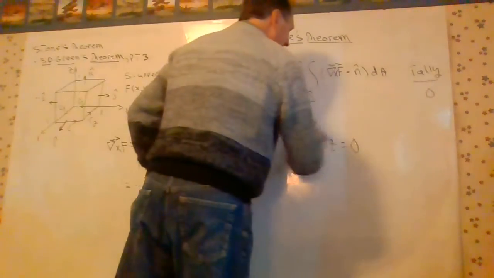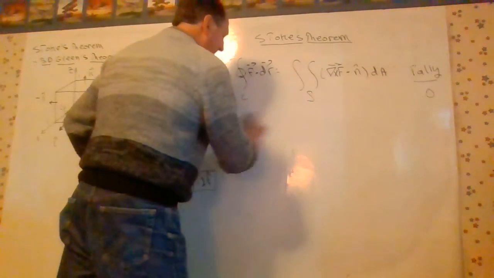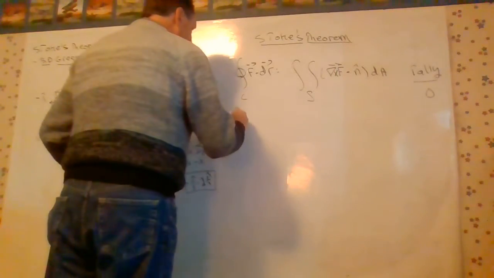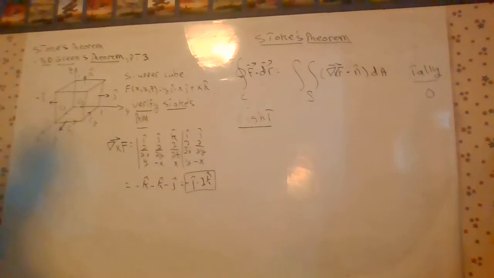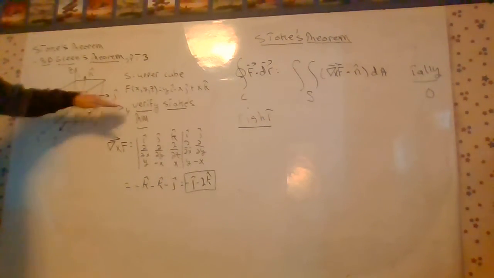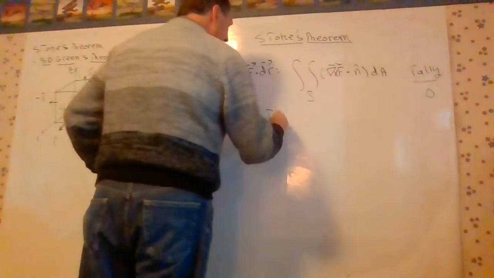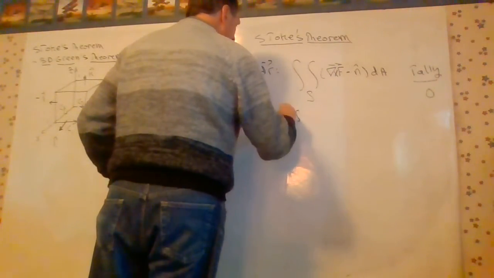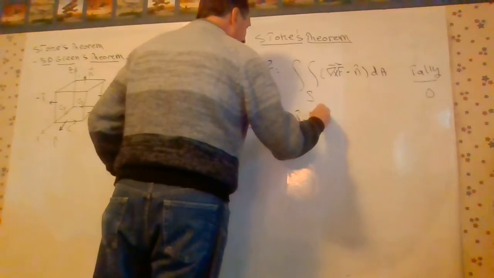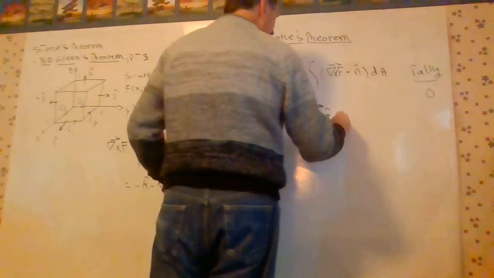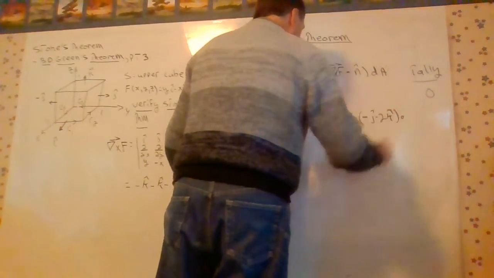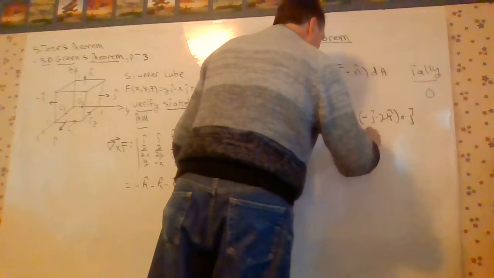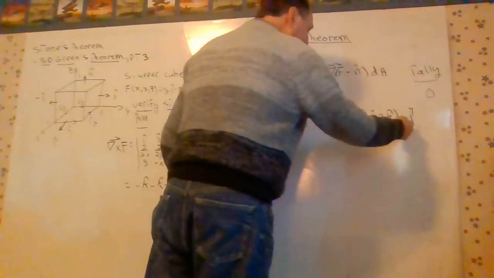Now let's erase this and do the right side. In that case, our normal vector is j. It goes along the y-axis. And so del cross F dot n equals -j minus 2k dotted on j, and you get -1. -1 times +1 is -1.